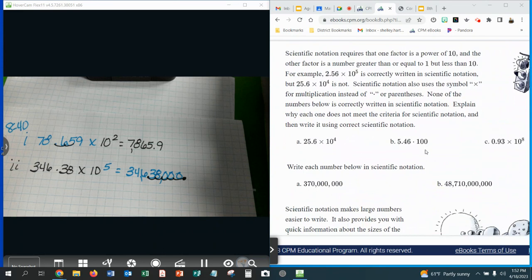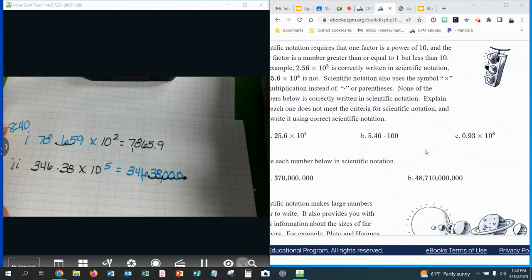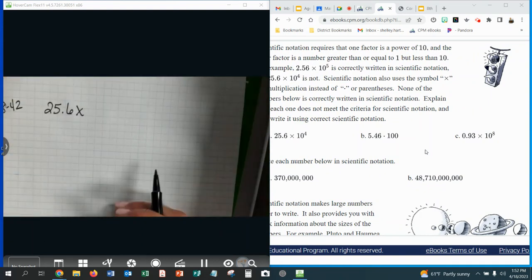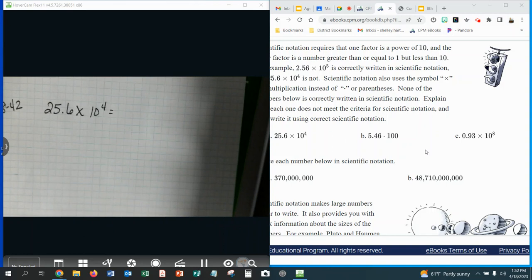We're going to try a couple more. What number is this? Who can tell me? Hold on. Who's got it?